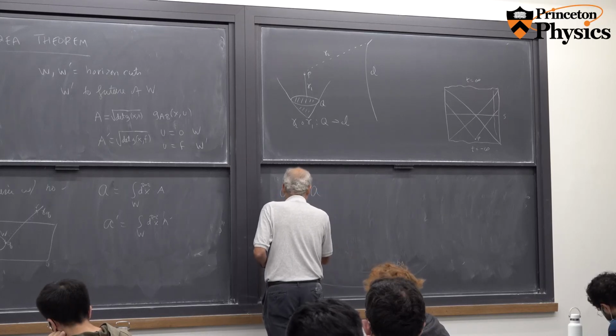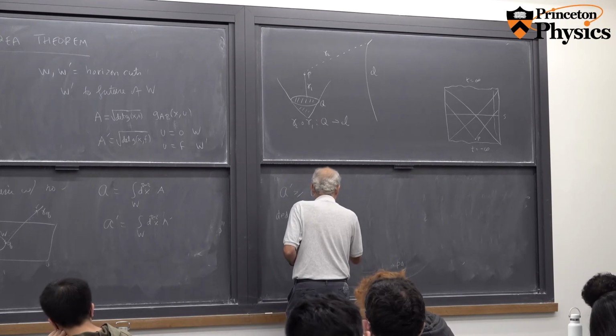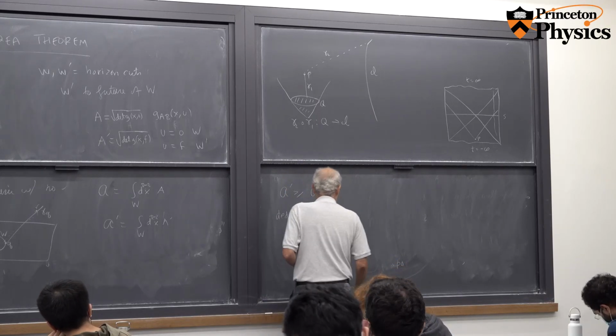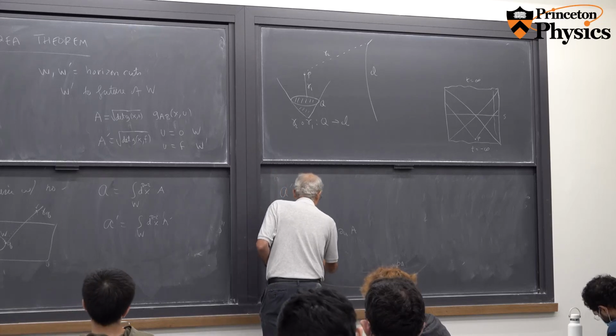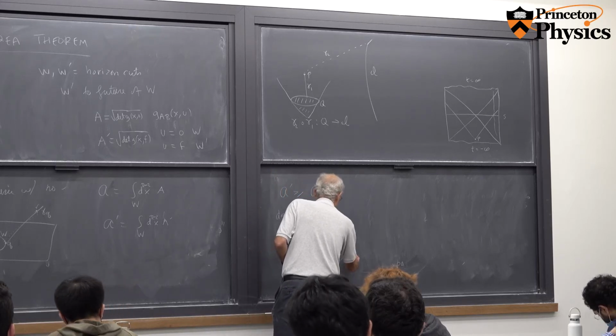If we let theta of x and u be 1 over a times da/du, then theta of x and u is everywhere non-negative.